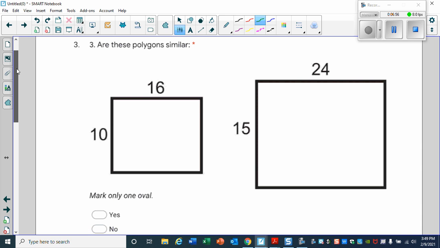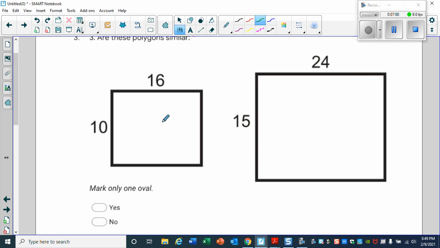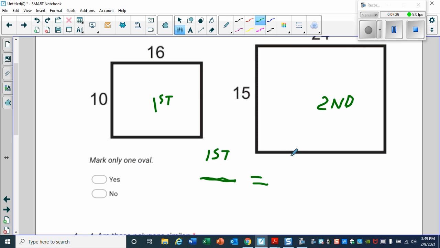Now, some more polygons. Well, this one, what you're going to do is the following. There's a couple ways you could possibly set this up. You could say first figure, which is the one on the left, second, that's the one on the right.